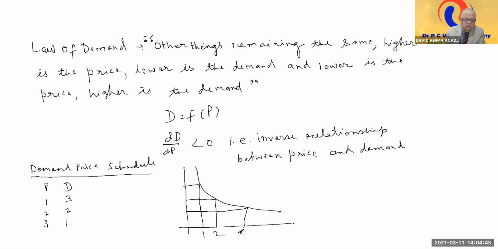This is demand. Demand is a function of price. 1, 2, 3. This is price.